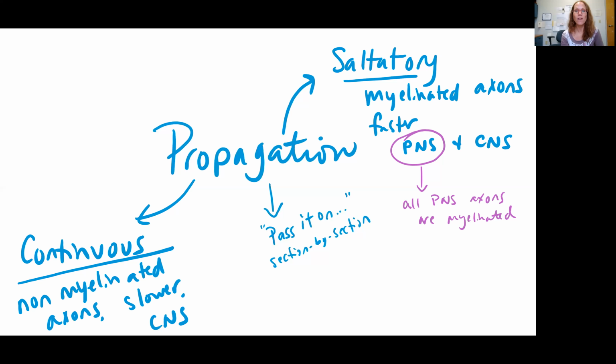It's a much faster transmission of signal, and you're going to see that all peripheral nervous system neurons are going to be myelinated, and that's good because those axons are very long, and so we need that signal to travel very fast. And we do have some saltatory propagation happening in the CNS. Now, it's not saltatory as in salty, but as in salta, which is a Latin term or Spanish term for jumping.